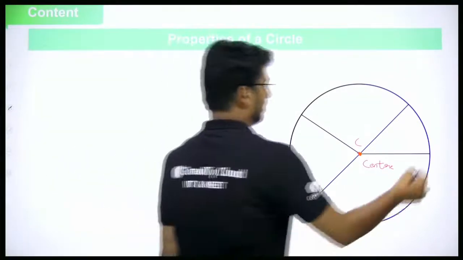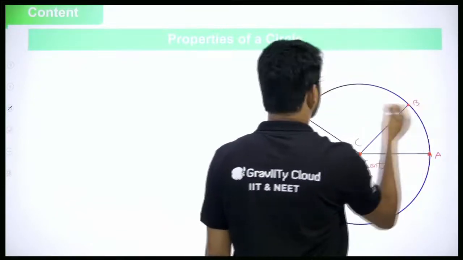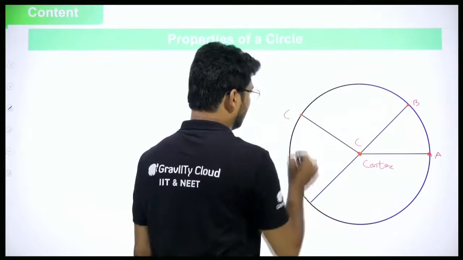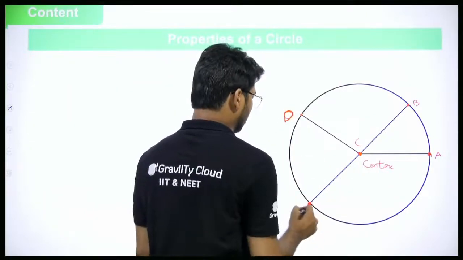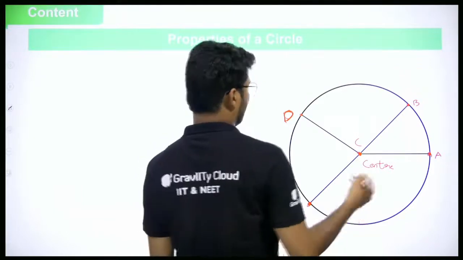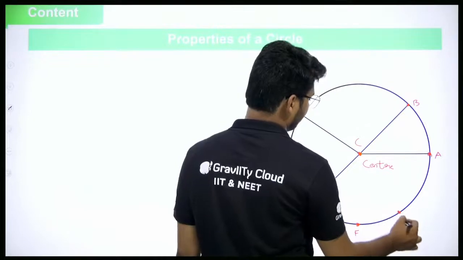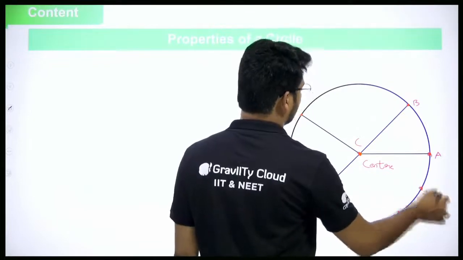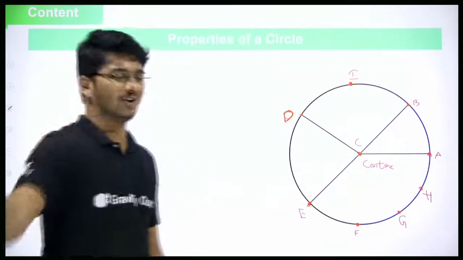So I can take different points: A on the circle, B on the circle, D on the circle, E on the circle. You can take any others, F, G, H, I, K, L, M and O, any point, it's up to you.